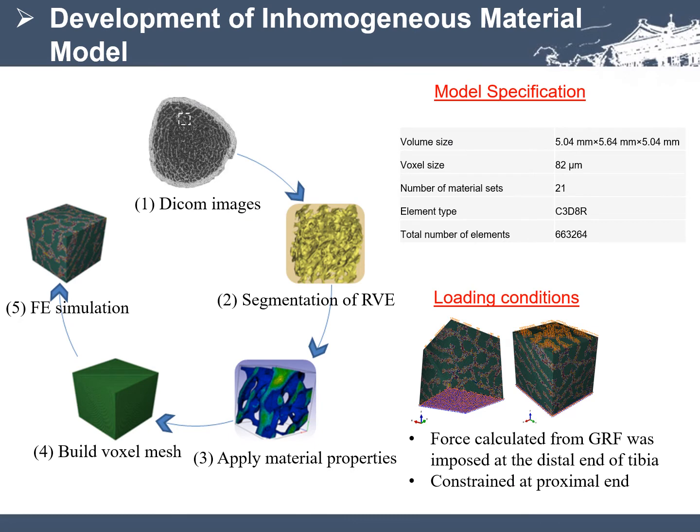After the HR-pQCT scan, an inhomogeneous material model was created, based on the grayscale distribution of the CT images, and our novel two-phase FE model, including the bone marrow, was used to simulate the exercise effect.